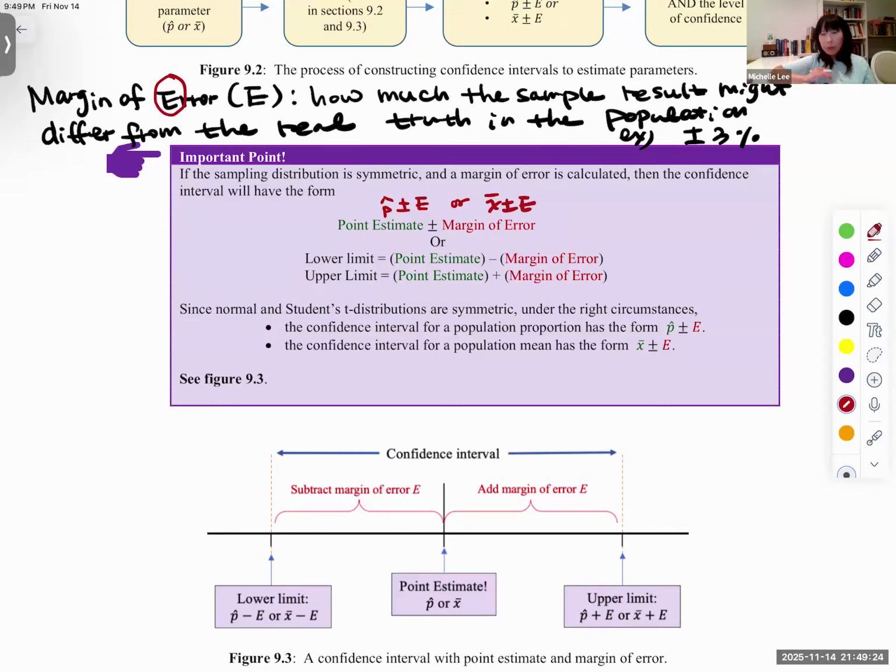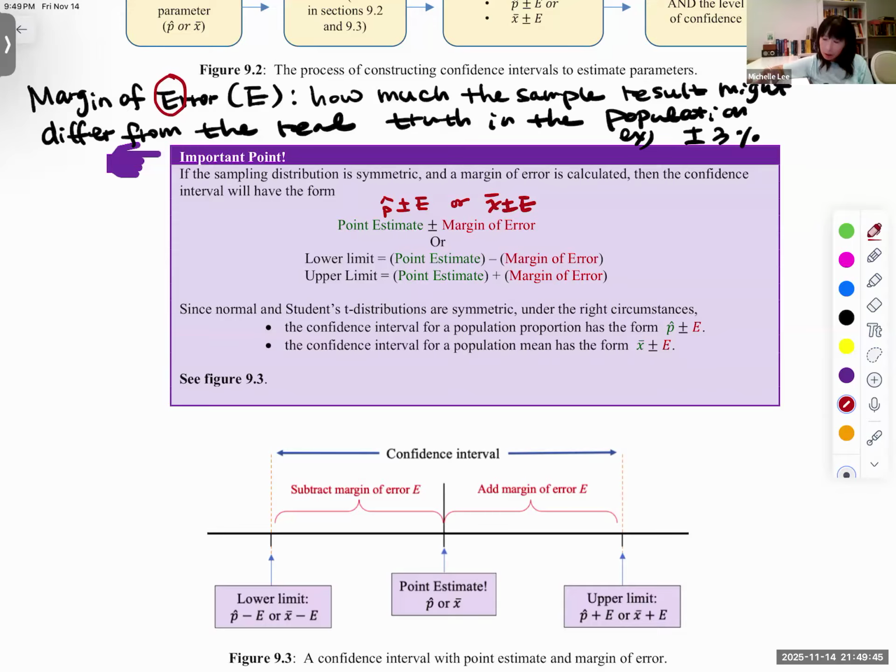Then if we have interval notation, so we have a confidence interval, we have a lower limit for the left parenthesis and an upper limit for the right side parenthesis.